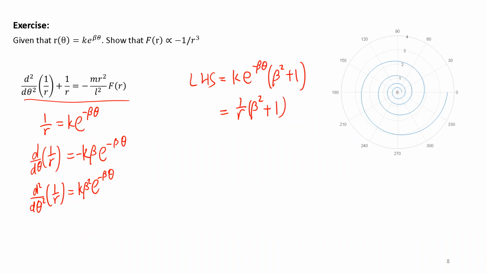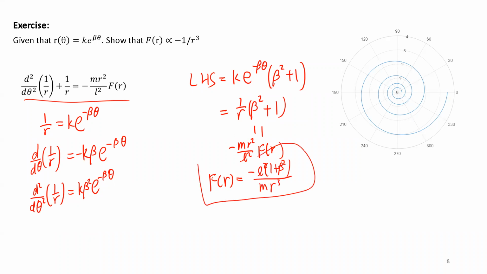And what about the right hand side? This one has to be equal to the right hand side, which is minus m r squared over l squared times f times r. And that's why this f as a function of r is given by minus l squared times 1 plus beta squared divided by m r cubed. So you can see that if we have this 1 over r cubed dependence of the force, the trajectory is like a spiral, like this.